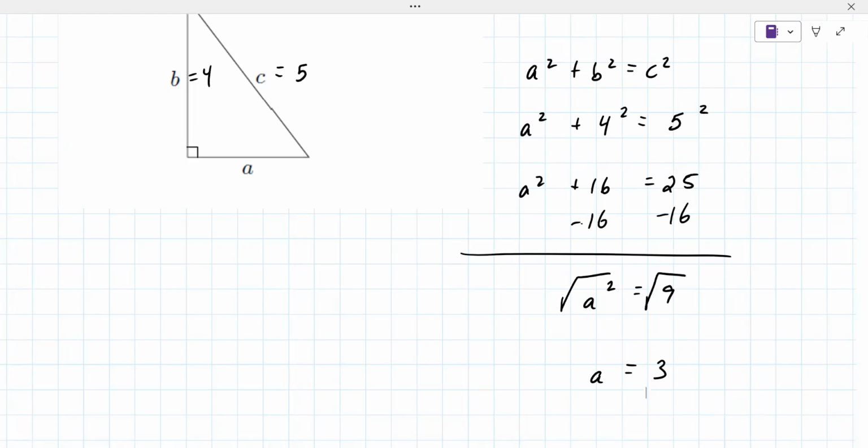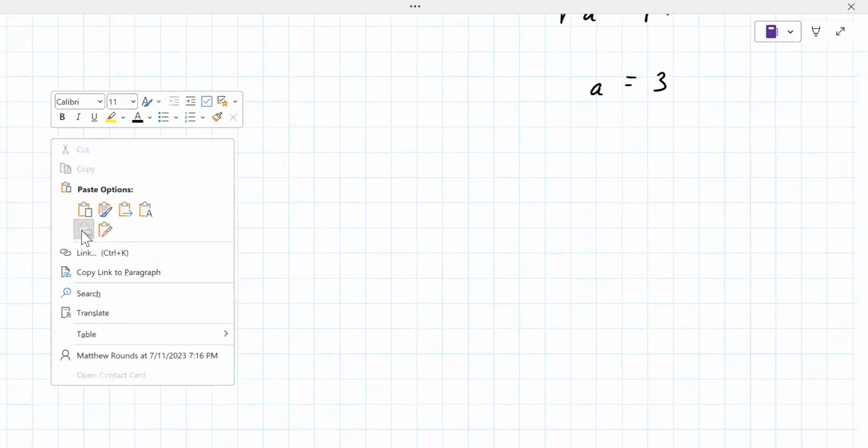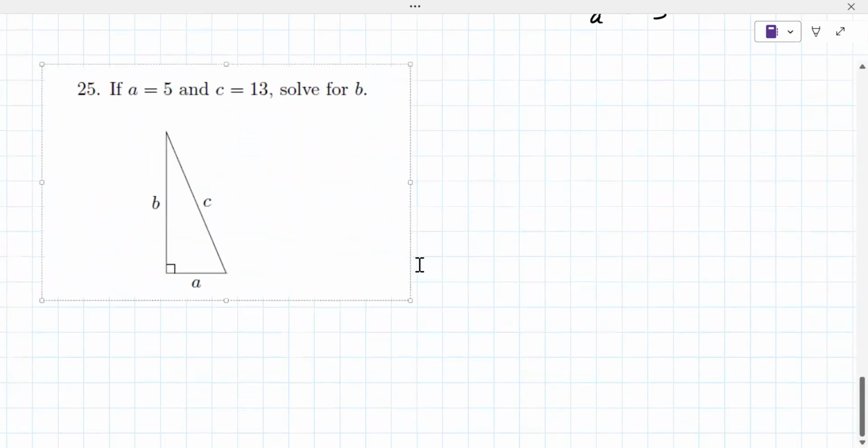Okay, so let's have you try one here. Really similar, basically just different numbers. A equals 5, C equals 13, and then A squared plus B squared equals C squared.